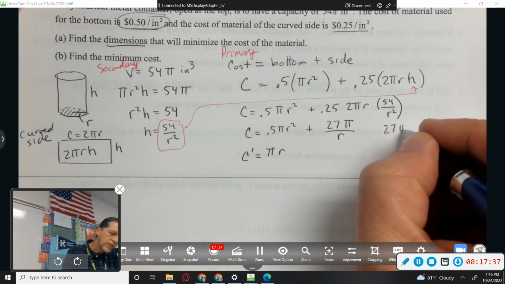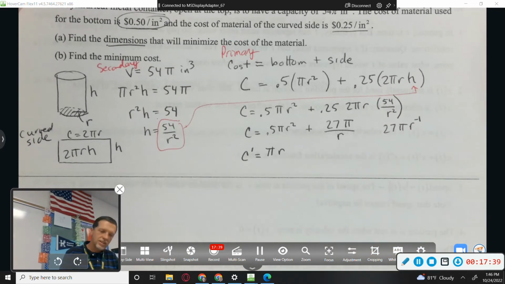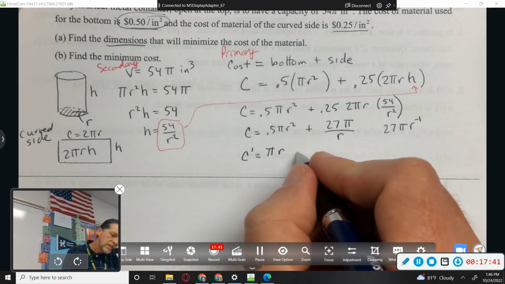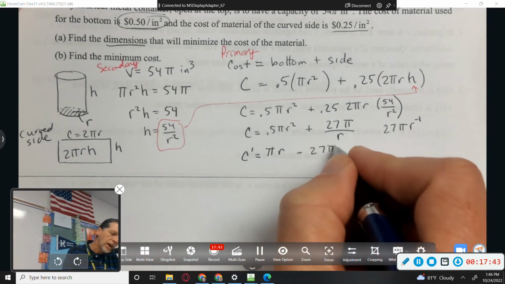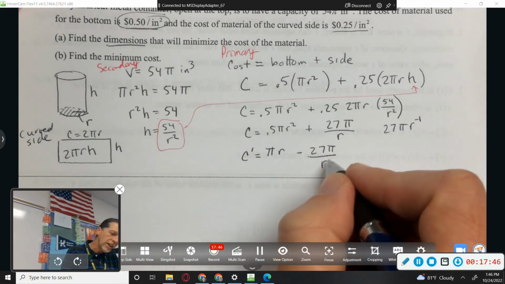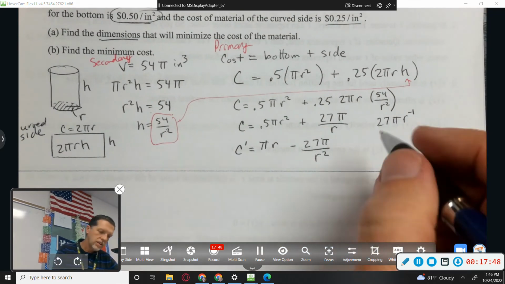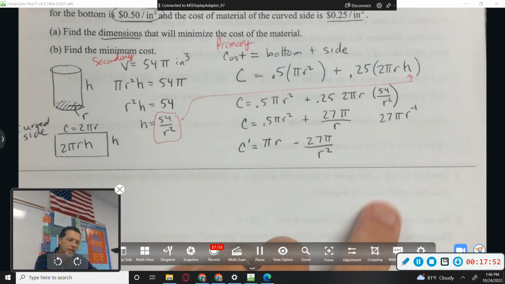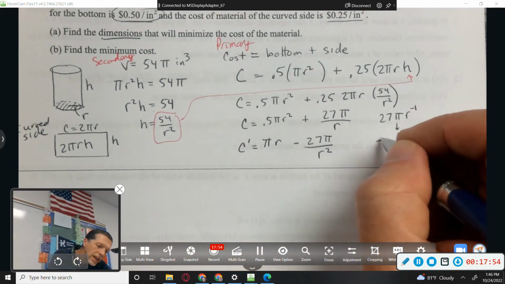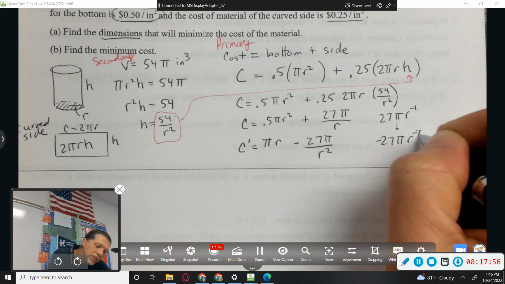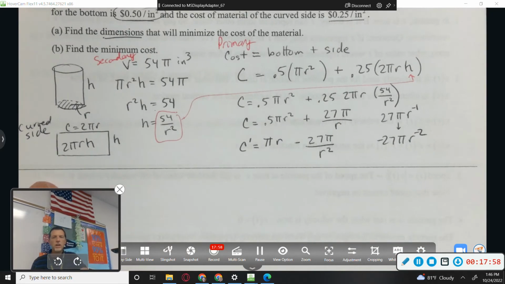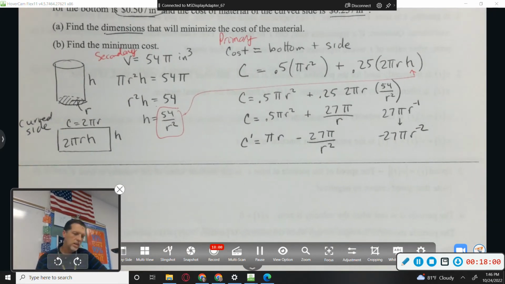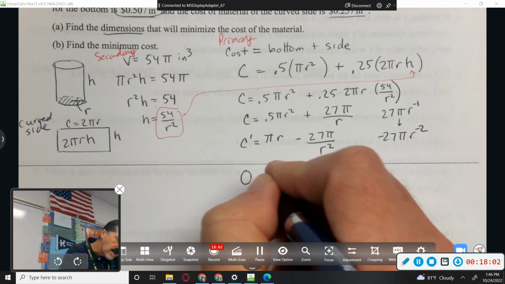I'd rather write 27 pi r to the negative 1, so minus 27 pi r to the negative 2. A little bit of algebra to the side there. Its derivative would be negative 27 pi r to the negative 2. Set that equal to 0.